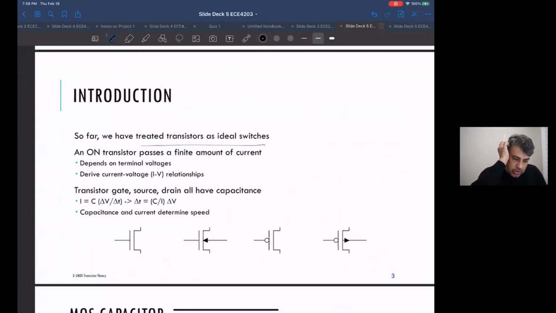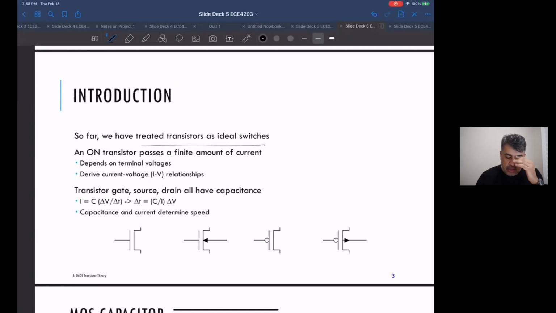So first thing first, the MOS transistor has at the very least two fundamental characteristics that we worry about from a digital circuit design standpoint. In analog you have a few other characteristics.